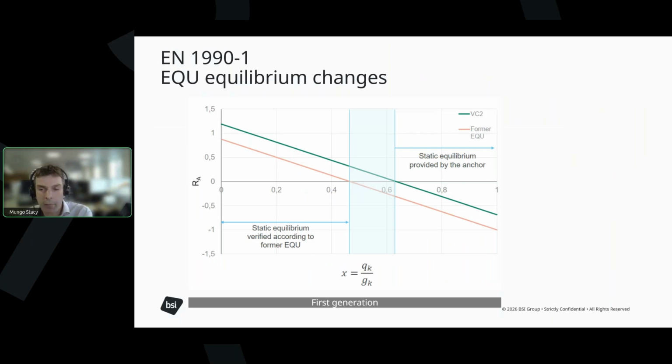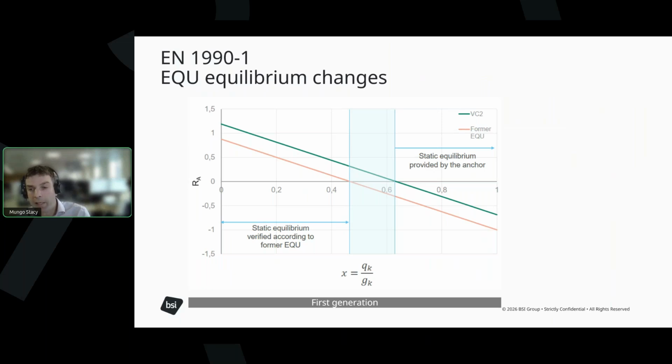And there was a peculiarity in first generation Eurocode that as you started increasing the variable action, and the horizontal scale here is showing the proportion of the variable action to the permanent action, you could determine at low values of variable action on the left-hand side of the graph that you are satisfying equilibrium.